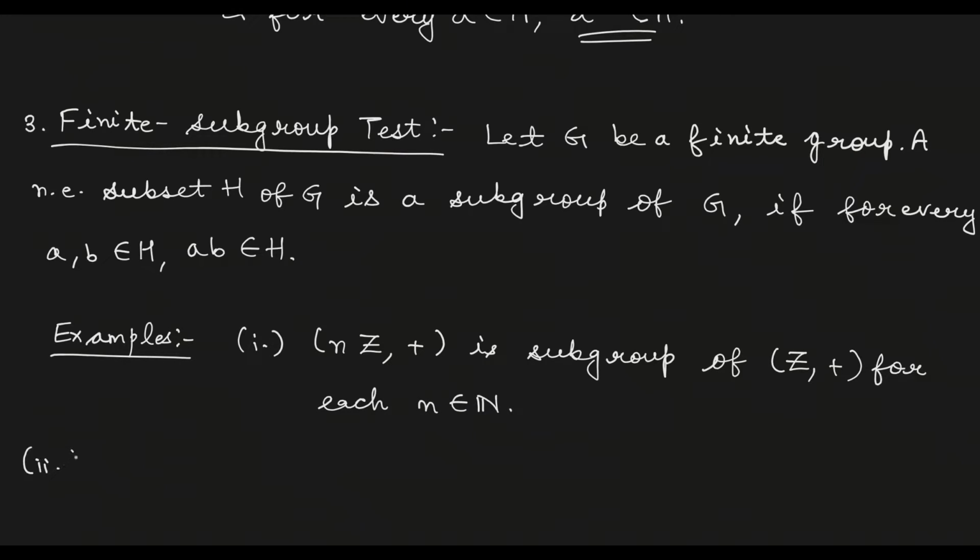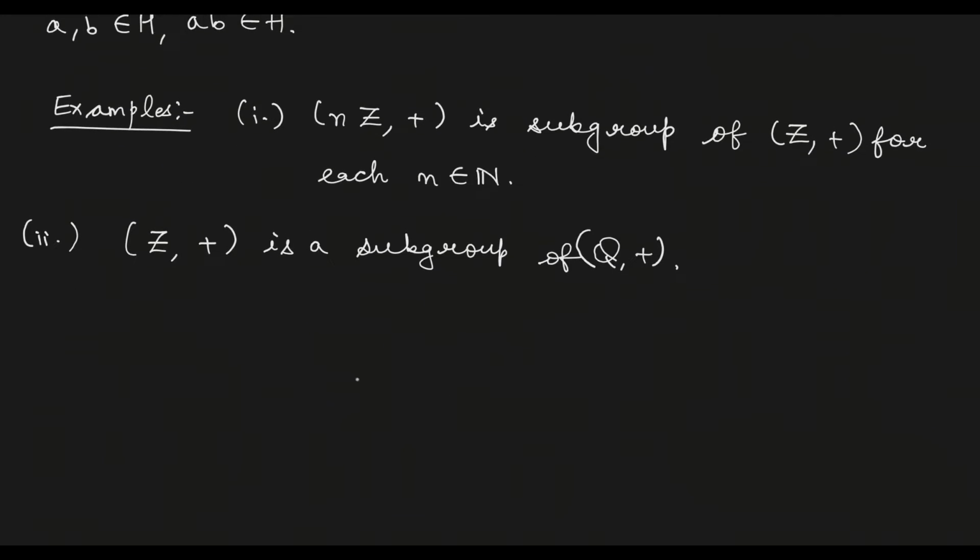Second, Z with respect to plus is a subgroup of Q with respect to plus. So I can say that nZ with respect to plus is a subgroup of Z plus. It is a subgroup of rationals with respect to plus operation.